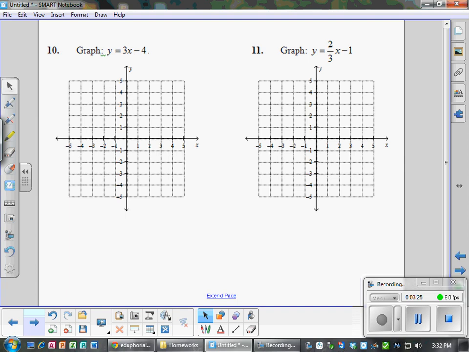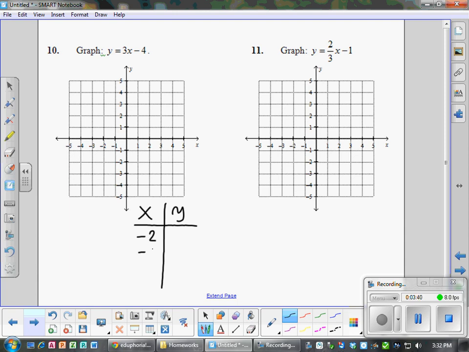Numbers 10 and 11, they tell you to go ahead and graph this. The easy way to do this, ladies and gentlemen, is set up a table. Label it x and y. Go -2, -1, 0, 1, and 2. And you substitute these in for the values of x.